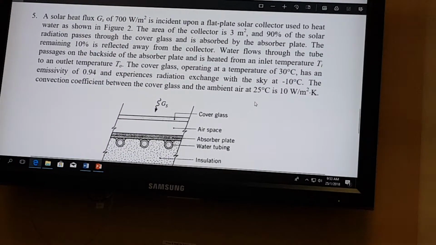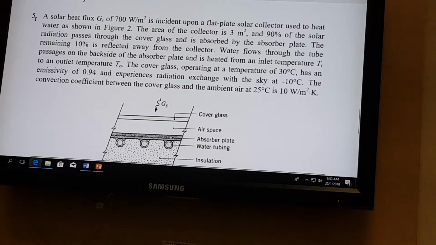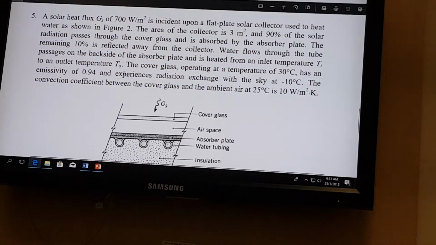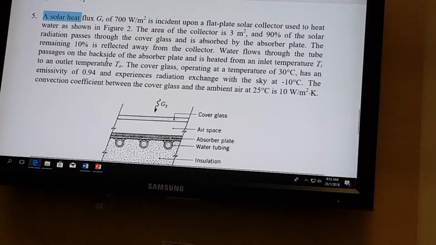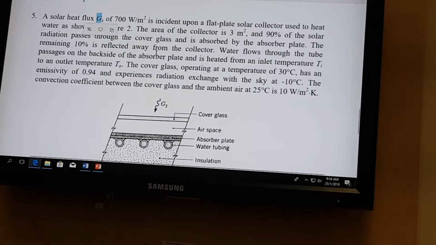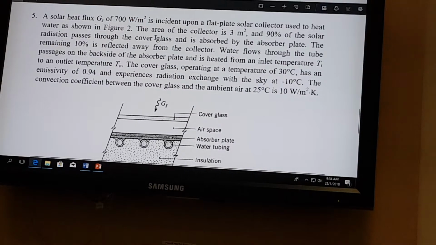Okay, we're going to the last one. Same line, likely a little more complicated. I don't like discussing with a very long text part to describe the formula. It's a solar panel. They give you the incident energy flux, energy transfer rate, because you see the unit is watts per square meter.